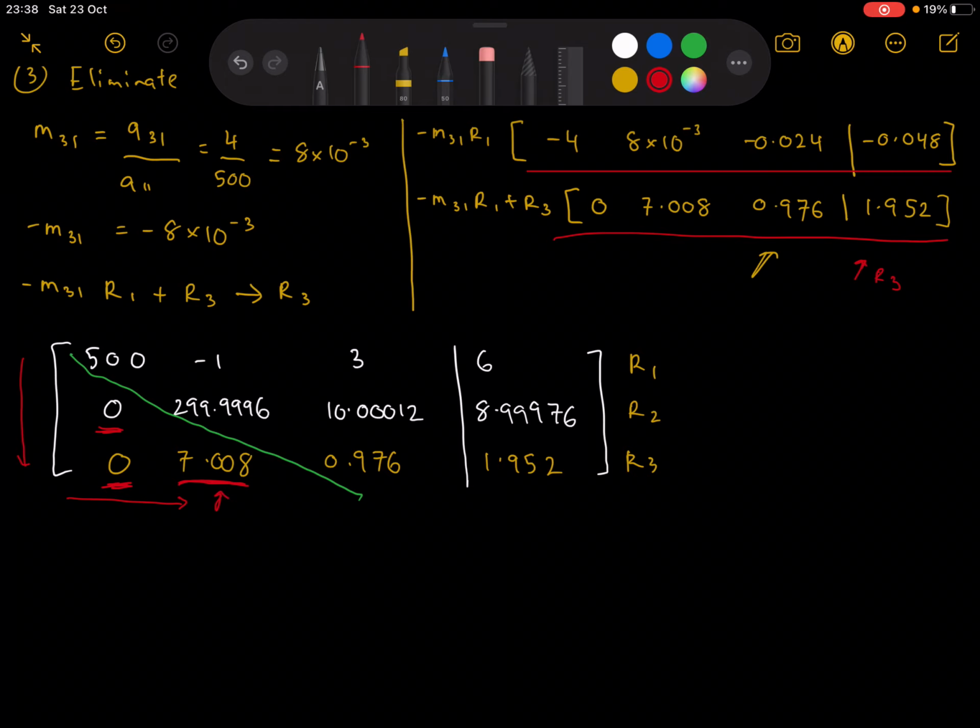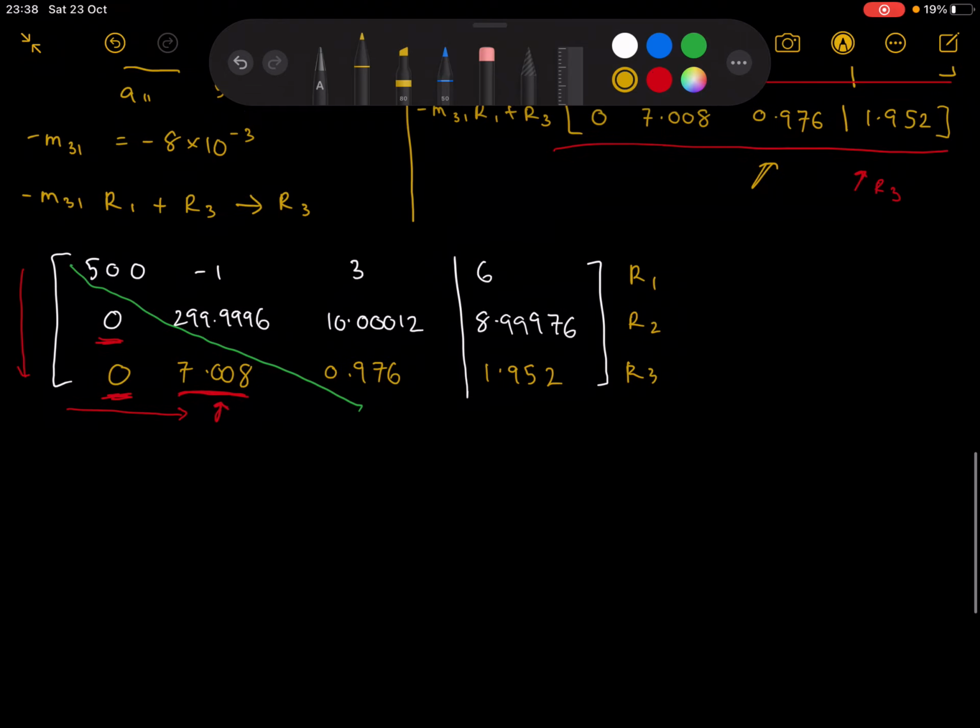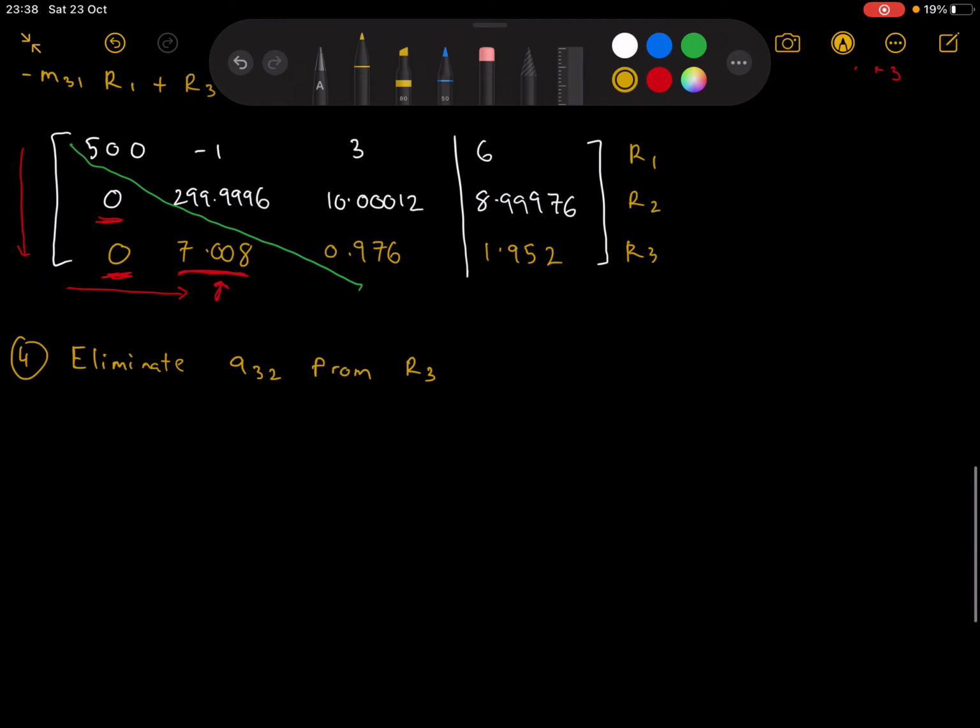Now we need to eliminate this one. So step number 4, eliminate A32 from row number 3. So the same approach. Okay, find its multiplication factor first.